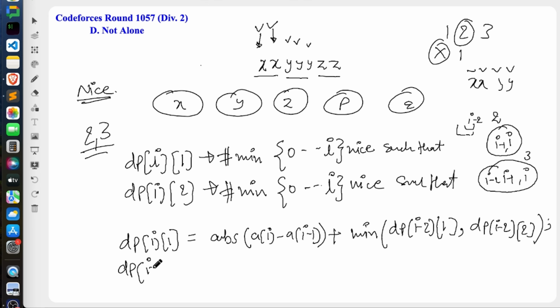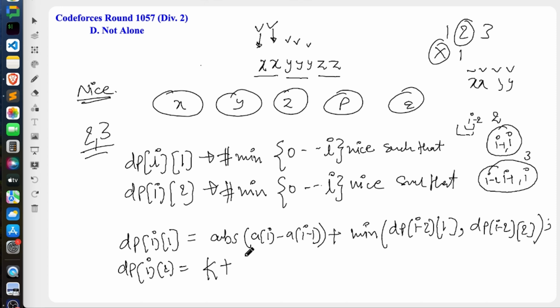Similarly, DP of I, 2. So for a block of size 3, we know that we have to convert these three numbers to be equal, right? So it could be converting all three the same as the first number, or the same as the second number, or the same as the third number. So I'll create a function that tells me the minimum operations among all three possibilities. Let's say that number is k.